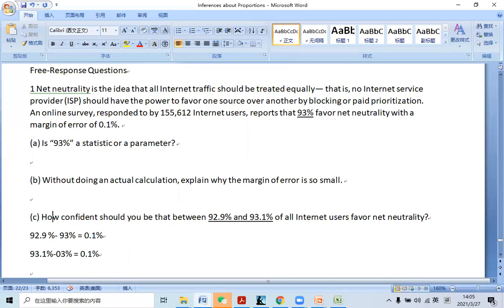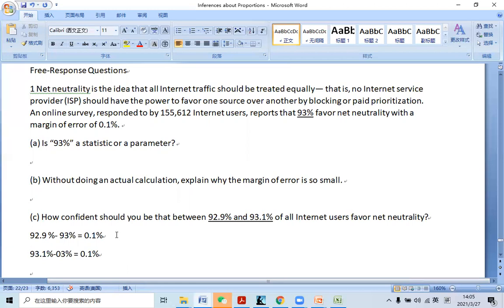How confident you should be that between these two numbers all internet users favor this kind of opinion, margin of error.